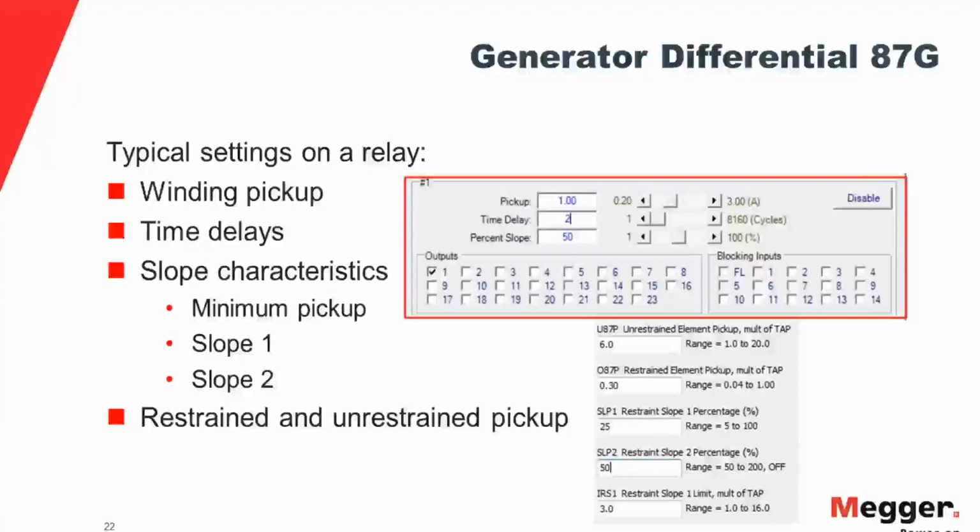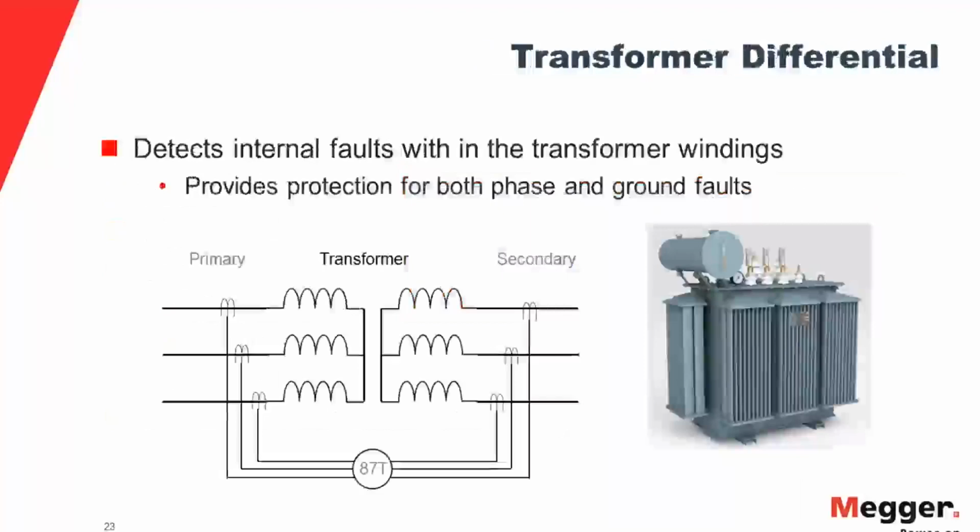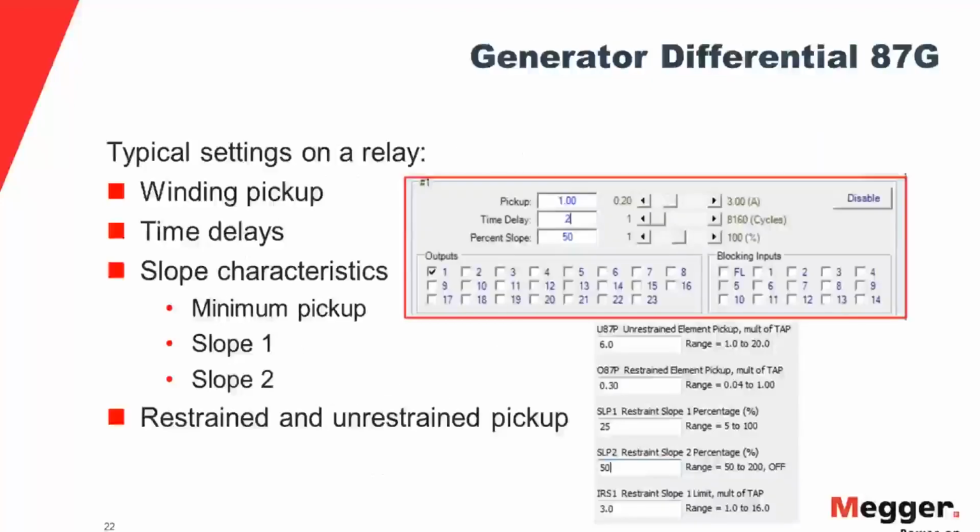On top of that, you can also use the percentage differential protection with multiple slopes, as we mentioned before. So you can have multiple differential protection functions. The other option is to use a high impedance voltage differential.